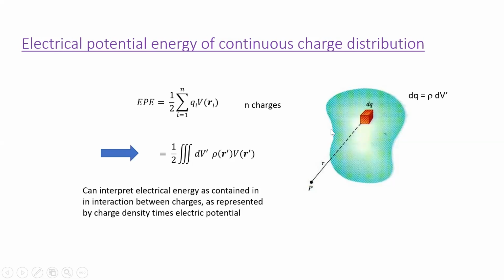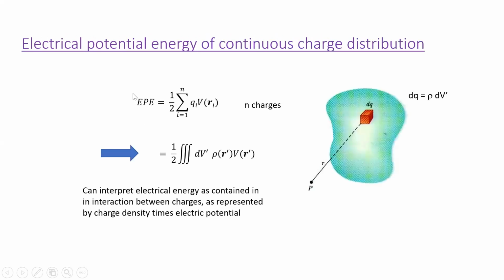The more charge we have over here, the more energy we'll have, and the more electric potential is generated by our source, the more electric potential energy we'll have. But there's a neat other way to interpret the electric potential energy. The math behind it is something you could follow, but it's a little much to put into a lecture.